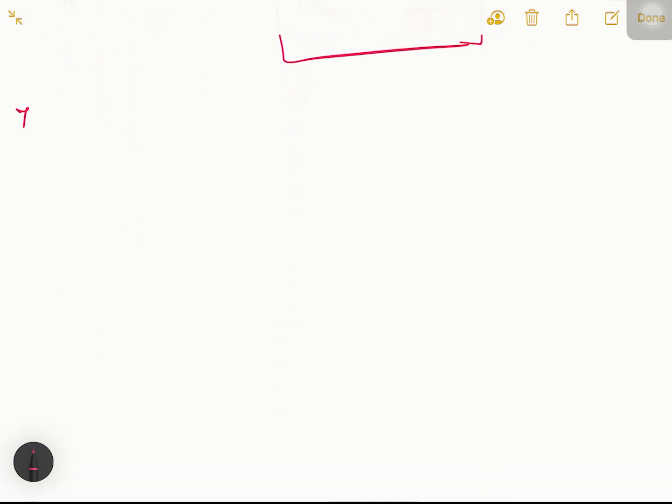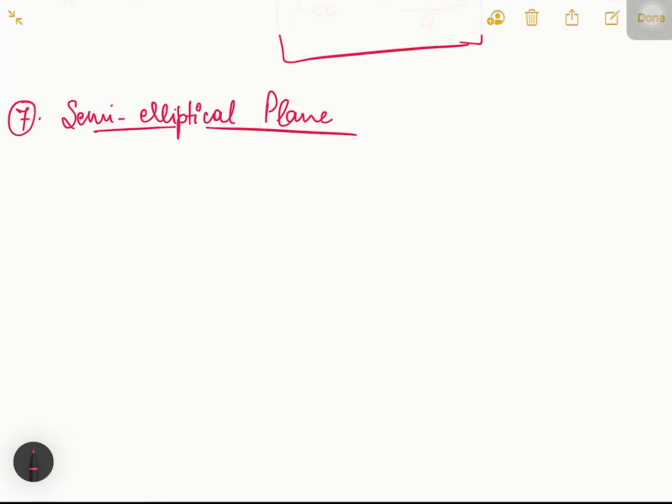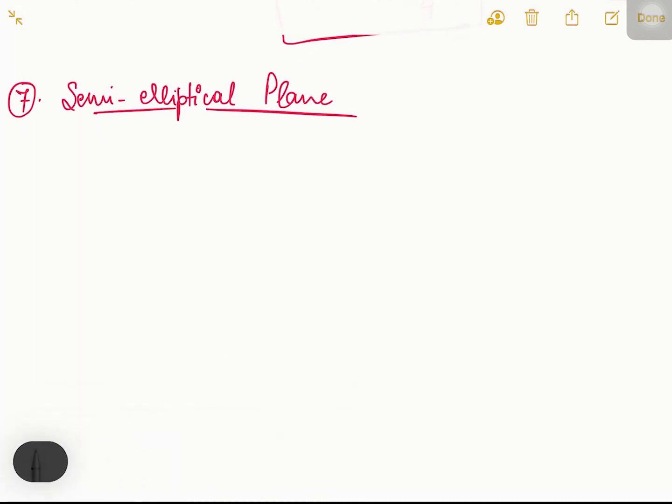Now for the last one for this discussion, I am taking an example of a semi elliptical plane. Okay, so in this semi elliptical plane, let us draw it first.